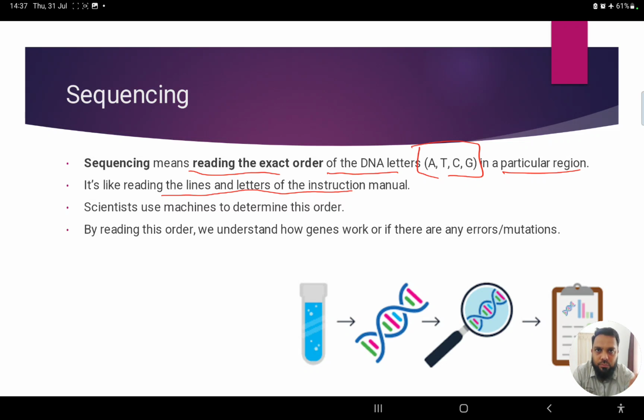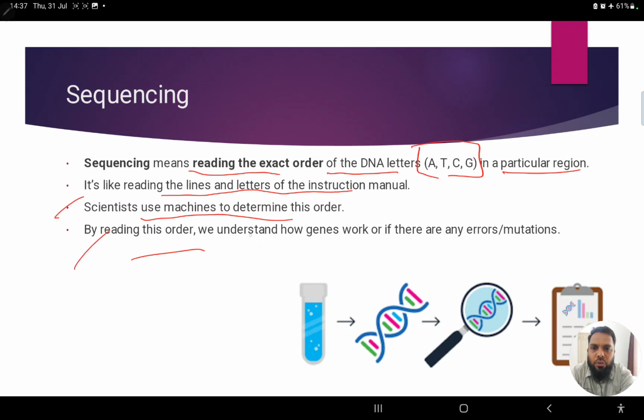So therefore, you have to read it from the beginning, and to know where the beginning is, to know what the second para is, to know what the third para is, and in that continuation to know everything and to place everything in a proper order is what is called sequencing. So scientists are using machines to determine this particular order.